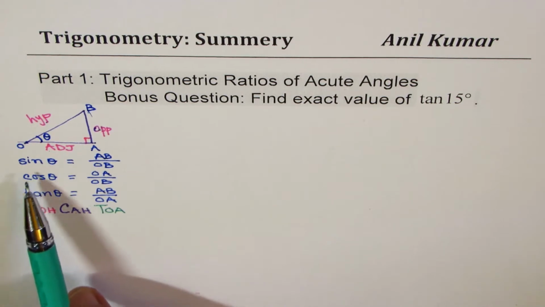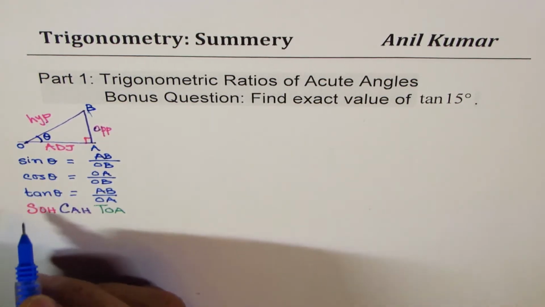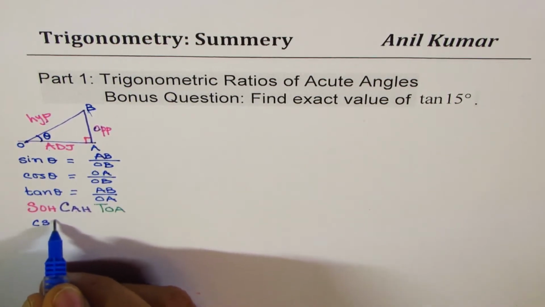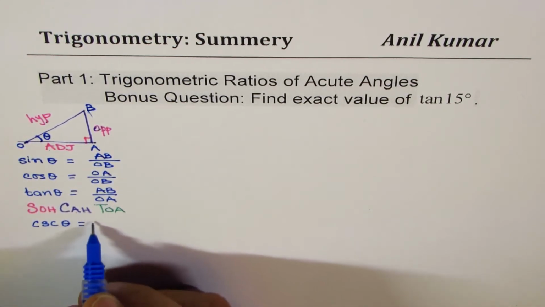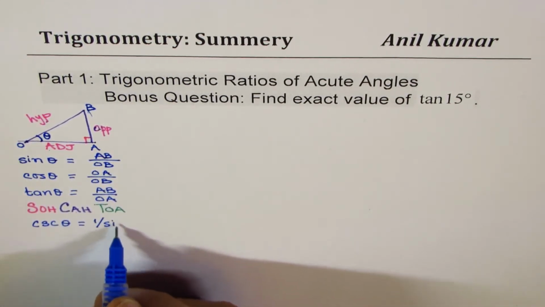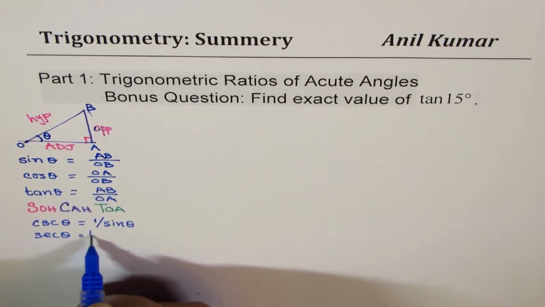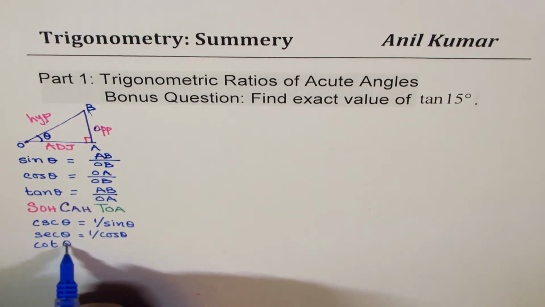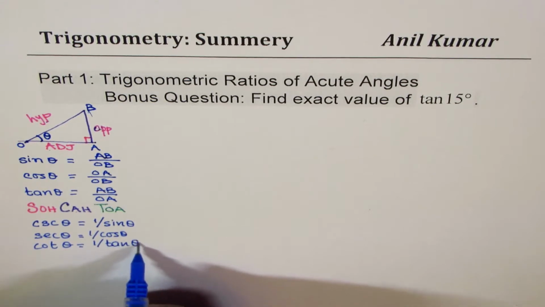Now, we also work with reciprocal of these ratios. So reciprocal of sine is cosecant theta. So in short, it is written as cosecant, which is 1 over sine theta. Secant theta is 1 over cos theta, and cotangent theta is 1 over tan theta.